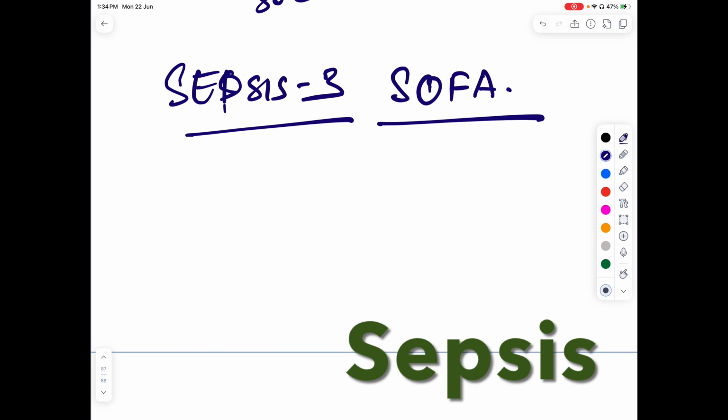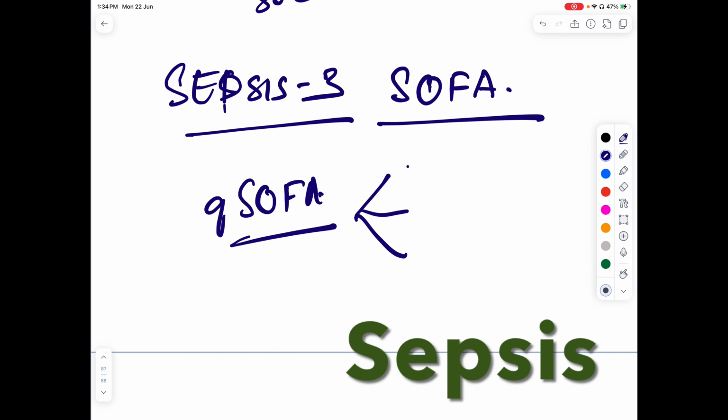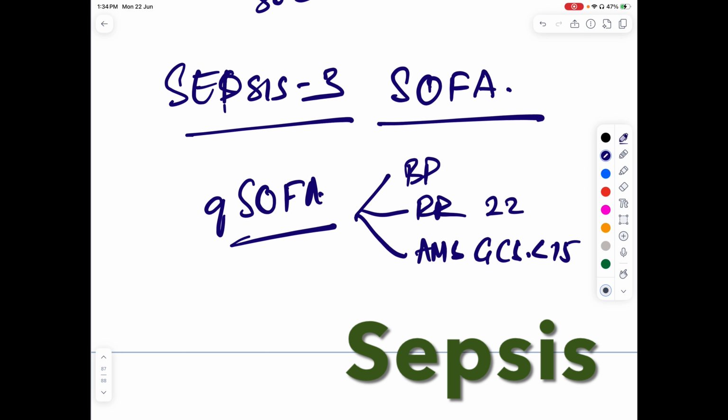Quick SOFA, qSOFA, involves three things: BP, respiratory rate, altered mental status. GCS less than 15, respiratory rate more than 22, and systolic blood pressure less than 100.